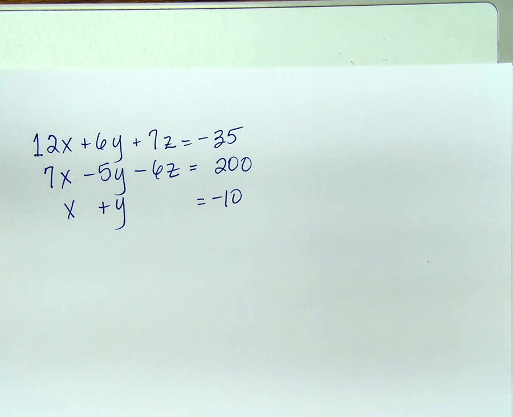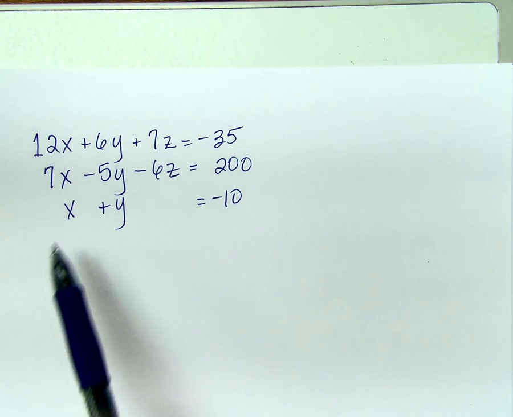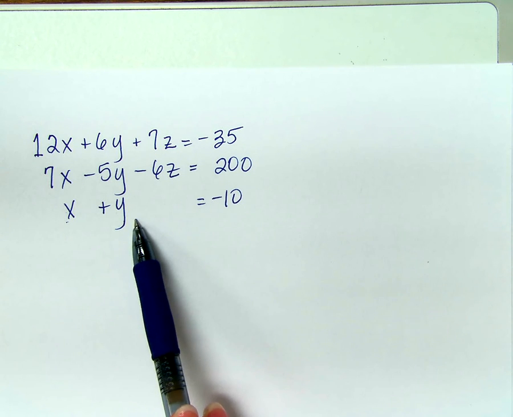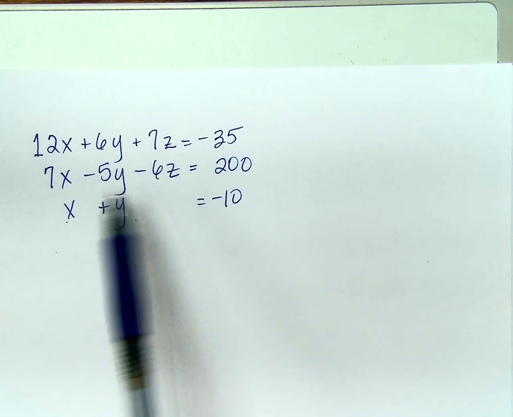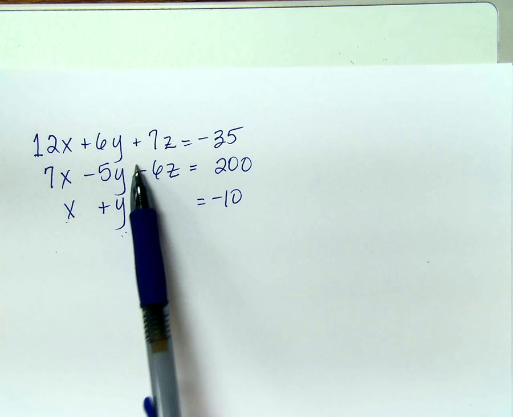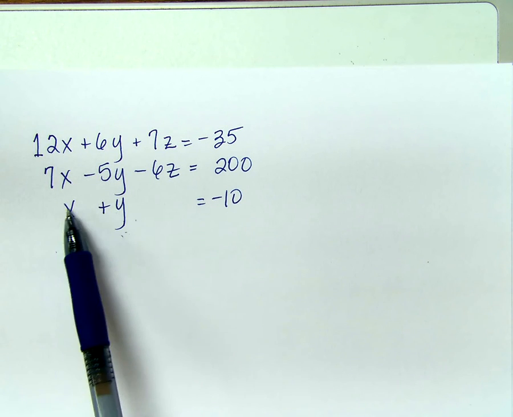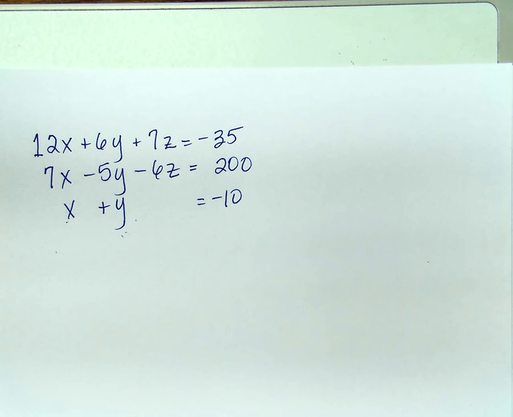Yes. Either the x or the y, right? There's 8 different variables here, even though there's only 3, the x, the y, and the z, but we're talking about each specific place. There's 8 places. Either the x or the y is easiest to solve for. Why is that true?